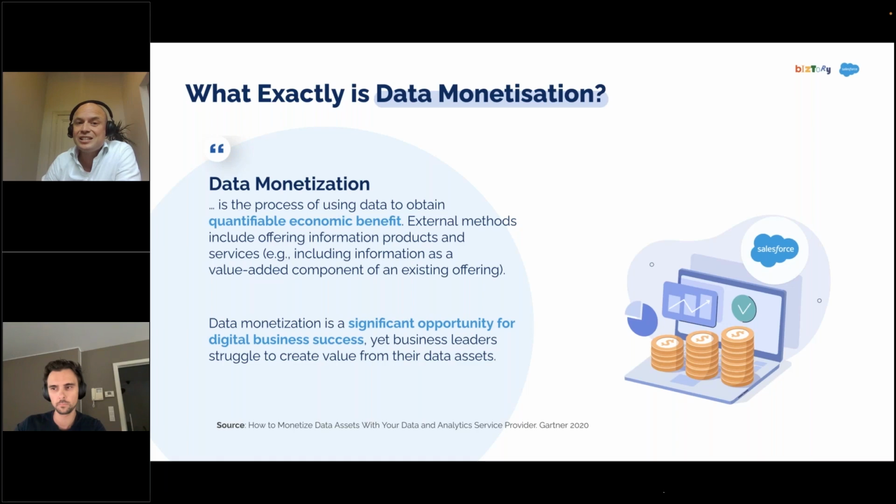Data monetization has been picked up by the early adopters, but we're not even in the hockey stick growth of its potential. There is still a lot of money to be made. A current case, for example, that we're supporting right now is about a company that is looking at a completely new revenue stream that has nothing to do, literally nothing to do with their main business.